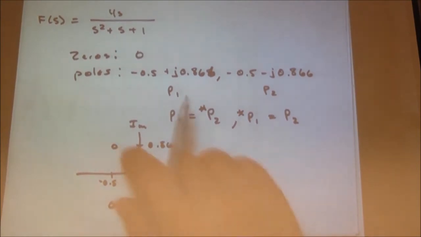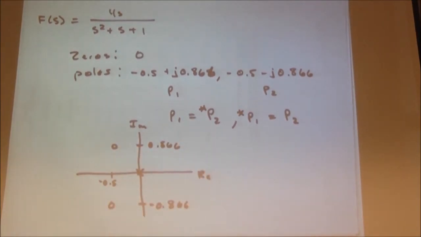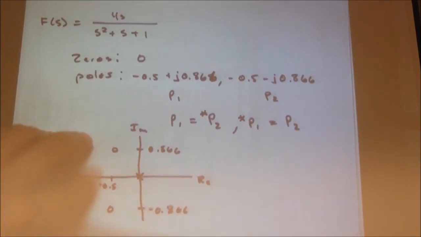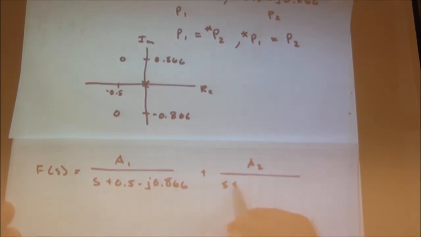What does the imaginary component do for us? What type of response are we going to get here? Well, if we think about this, we can do partial fraction expansion the same way. So we'll wind up with an F of s equals a1 over s plus 0.5 minus j 0.866 plus a2 over s plus 0.5 plus j 0.866.